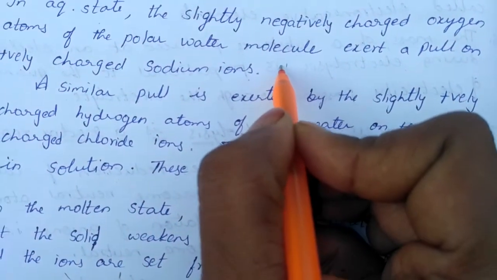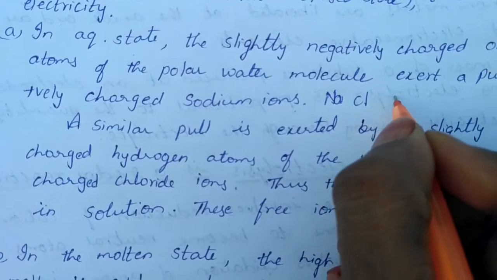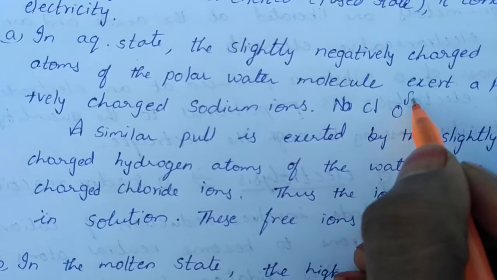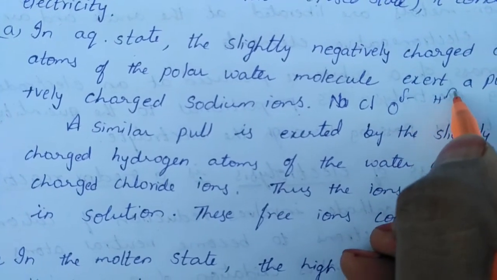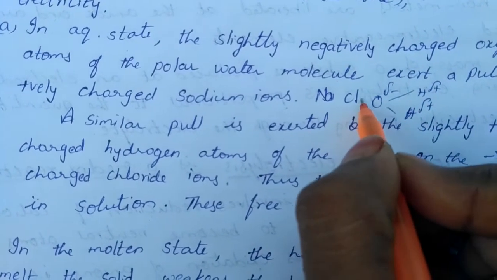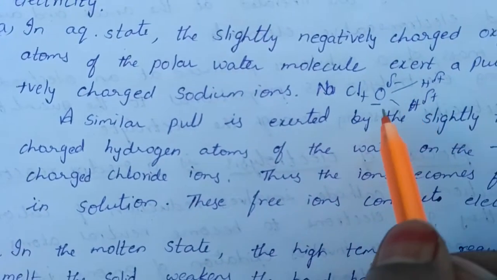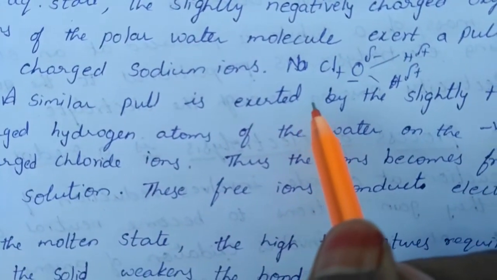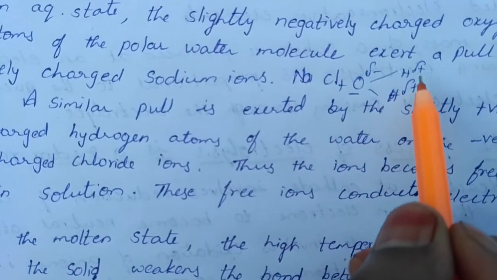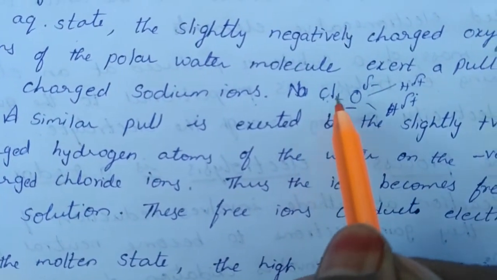In the NaCl, the water molecules with oxygen will be there, no? So this negative oxygen will have the attraction power on the positive ion. Understand? Or otherwise the H plus ions will be taking the chloride ion.